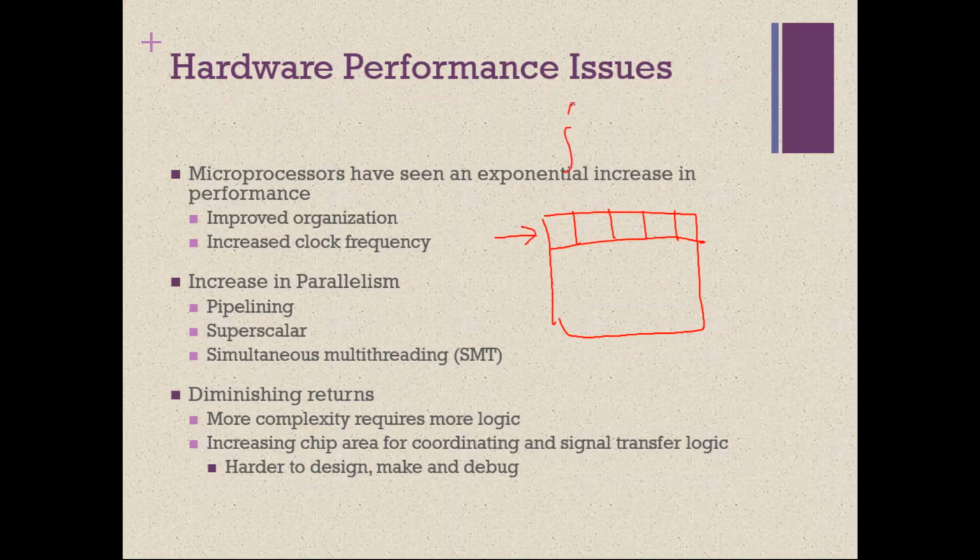Say there are thread A, thread B, thread C, and thread D. It may give two slots for thread A, two slots for thread B, and one slot for thread C. This is possible only with simultaneous multithreading. In no other multithreading is it possible.